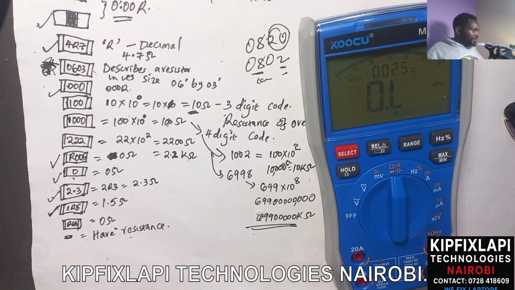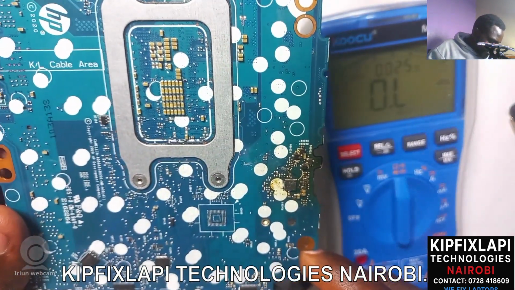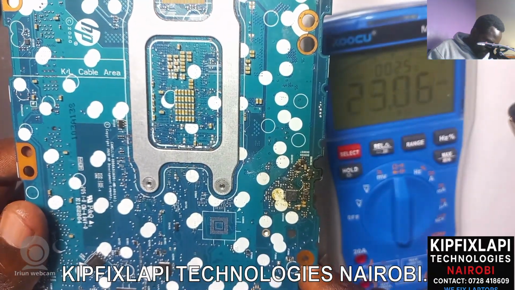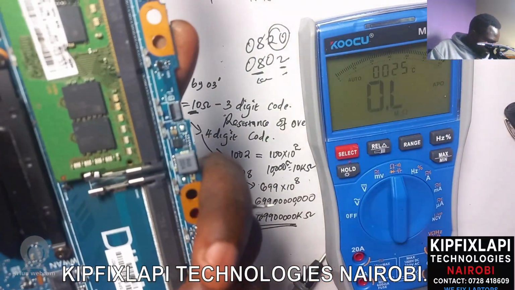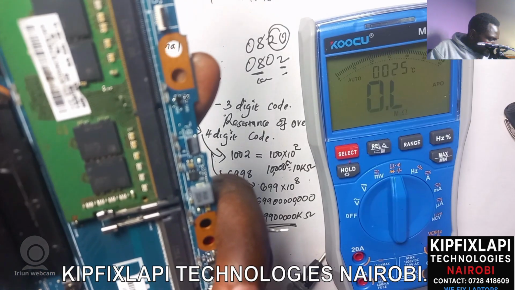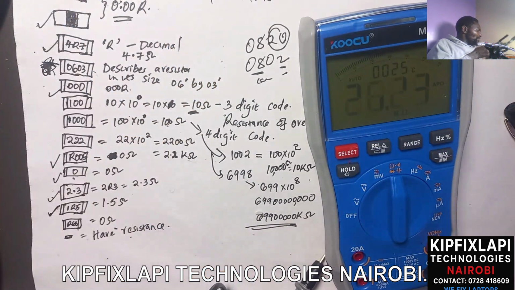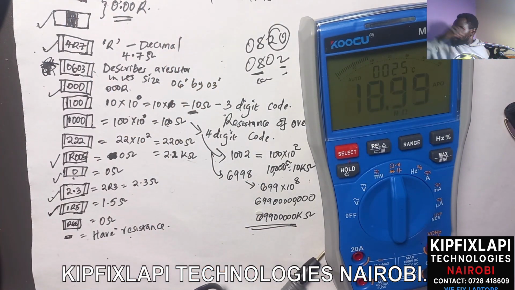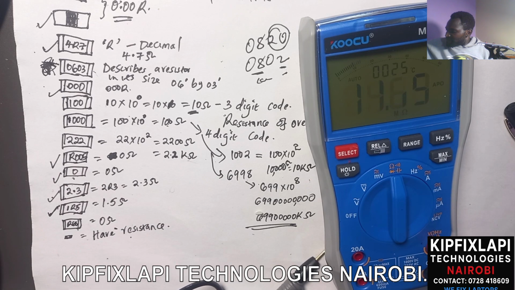Just put this on the side. We are going to use a different motherboard. Among the motherboards we are cutting, we will put at least one big resistor which has 100 ohms on it. I think I have another one here, but this one is for the MacBook, so that one doesn't have it.